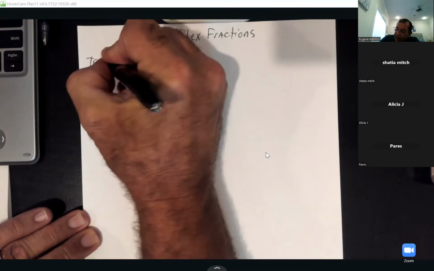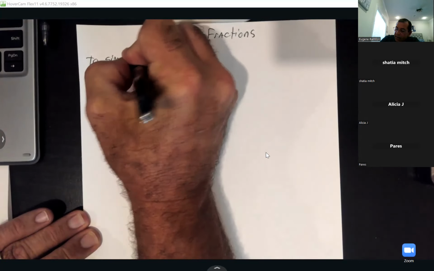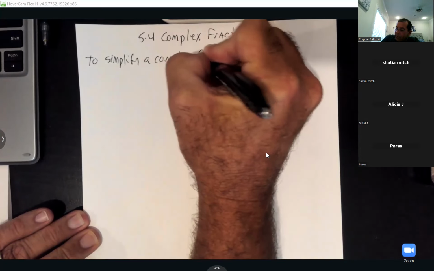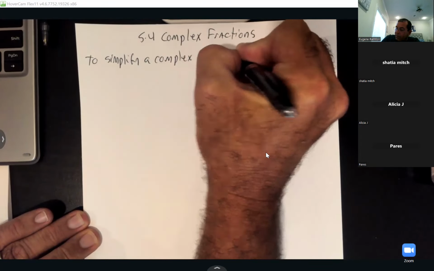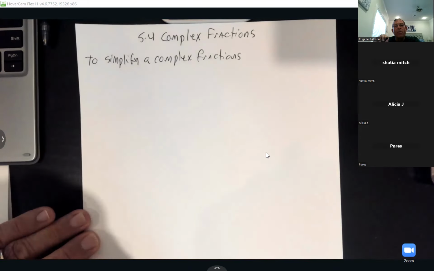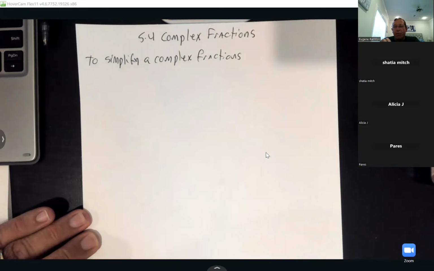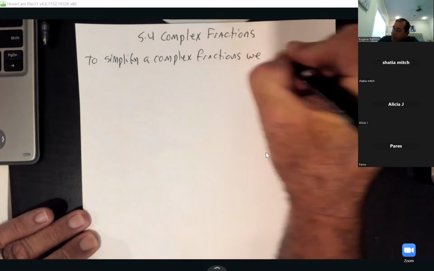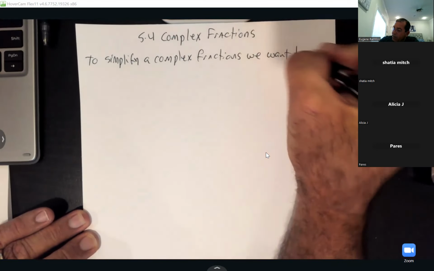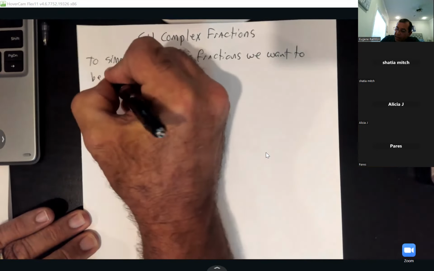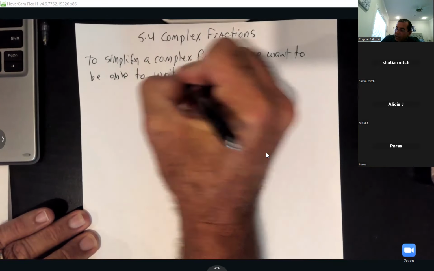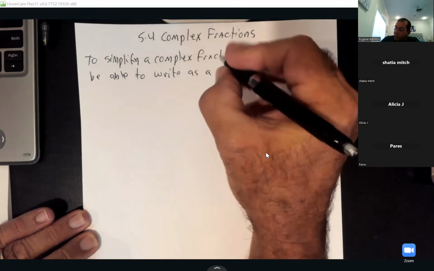So to simplify a complex fraction, that means to write it as a single fraction.